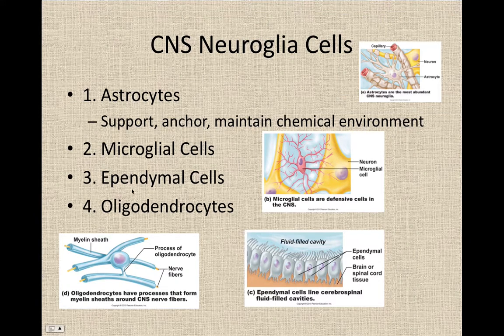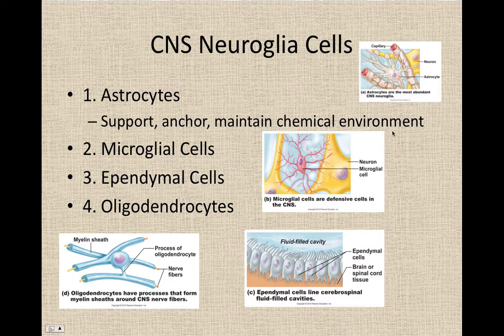Okay, so here are the different central nervous system neuroglial cells. So the astrocytes are going to be cells that we talk about quite a bit, because it is, again, maintaining that blood-brain barrier. It supports the neurons within the central nervous system. It anchors them so that when you do have some shifting in the brain, they don't move too much, and hence they won't be damaged.